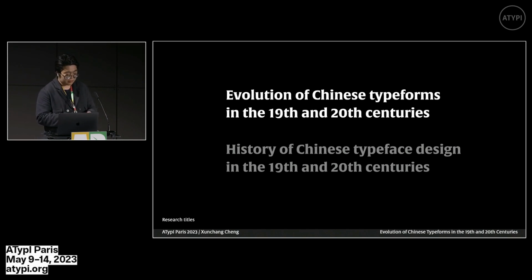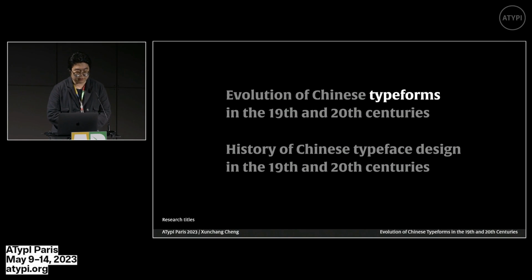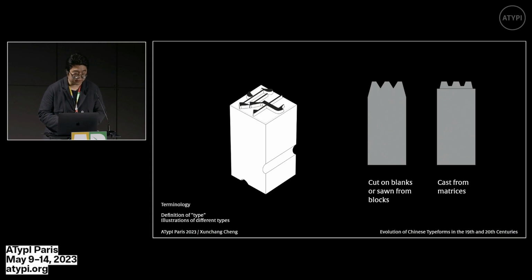So I narrowed down the title to the evolution of Chinese typeforms in the 19th and 20th centuries, from the perspective of a type designer, to look at the changing of the shape of Chinese characters in different techniques and media. I use the term typeform, which refers to the visual form or shape of Chinese characters in a typeface that reflects the function of reading Chinese and the aesthetic part of Chinese calligraphy.